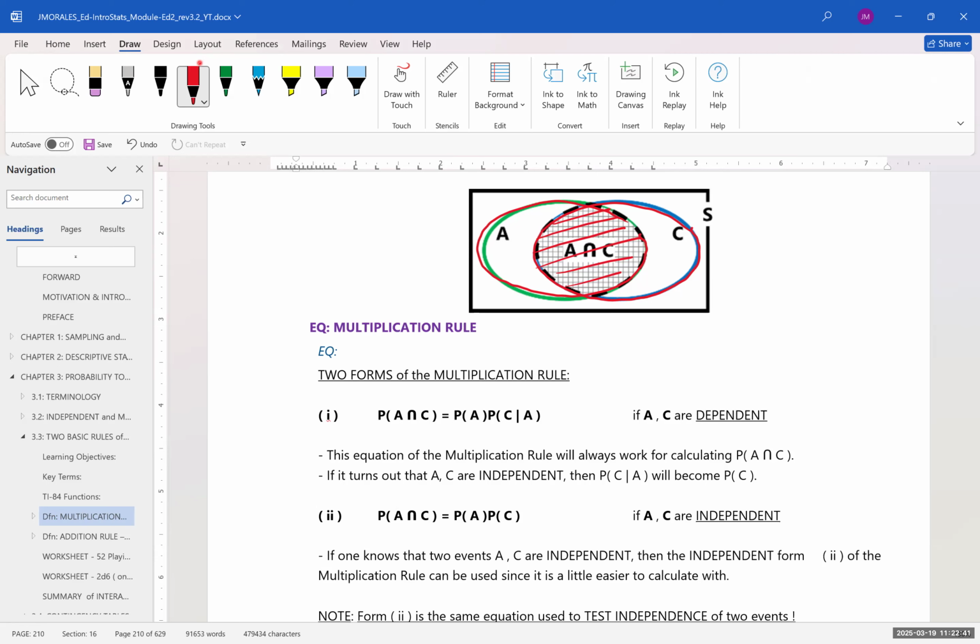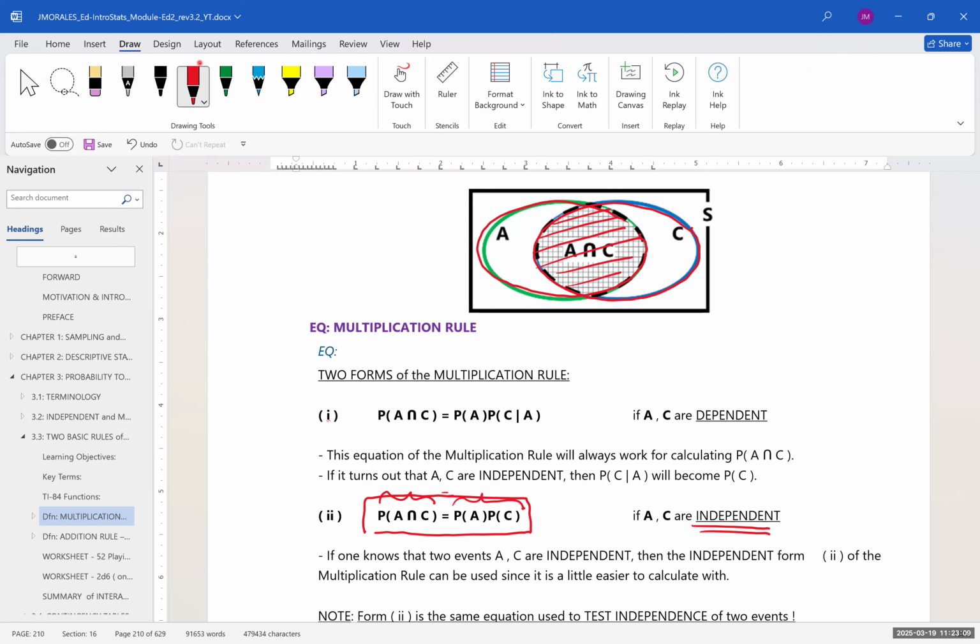So in the previous section, we used this formula. And when this probability on the left equaled the probability on the right, then we would say that those two events were independent. So without knowing it, you were actually applying the multiplication rule when you were testing for independence.